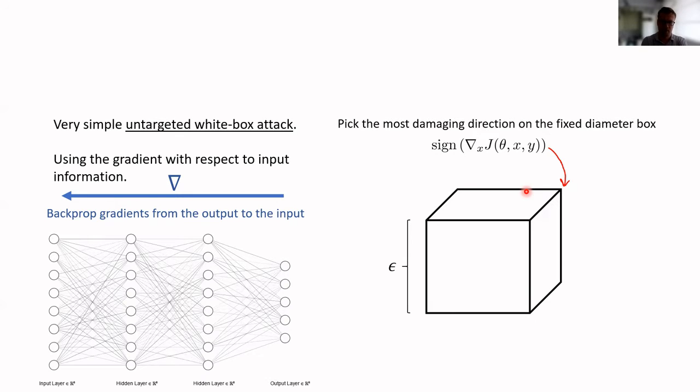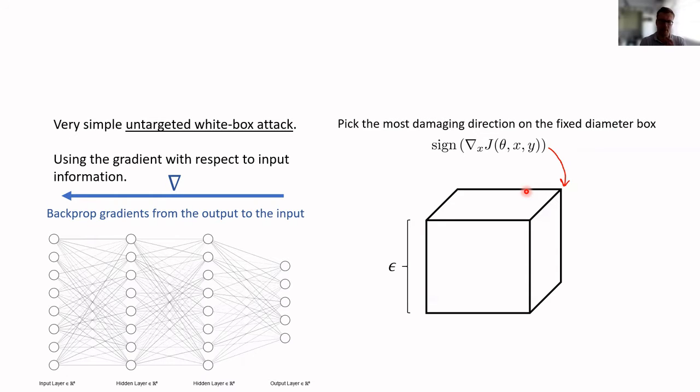Okay, so again, this is possible because, especially for deep networks, when you have access to the architecture, you can compute the gradient with respect to input.